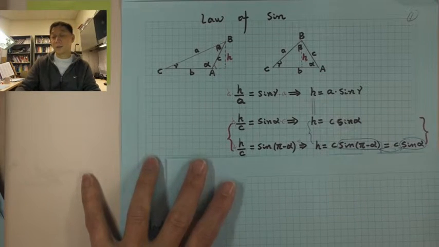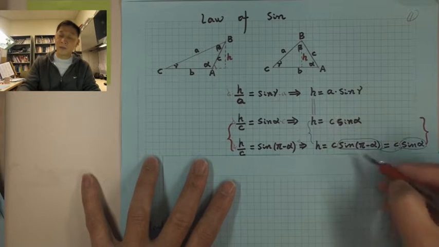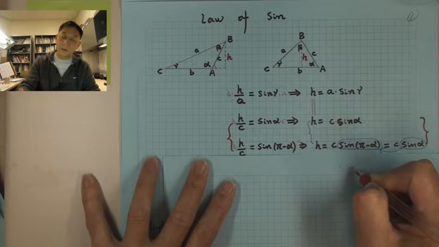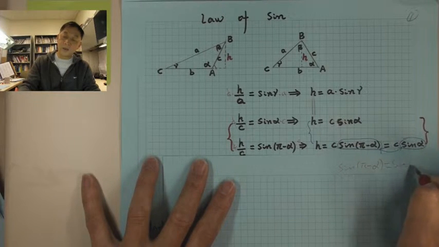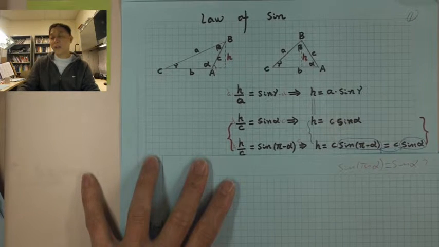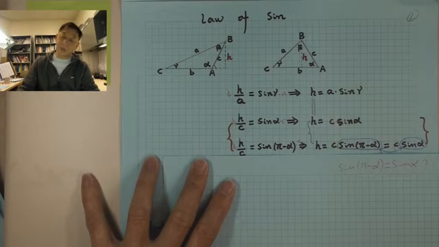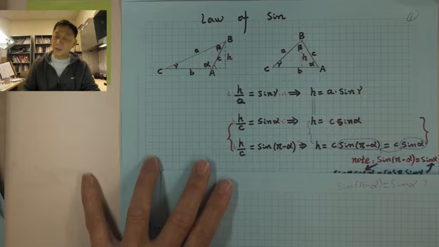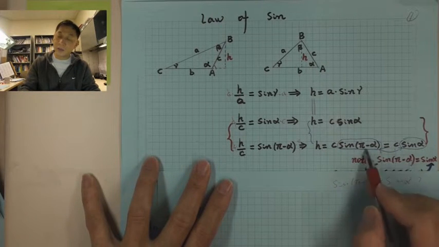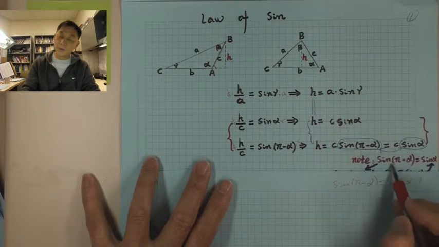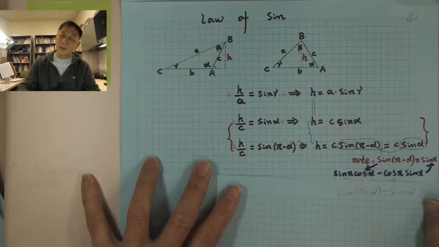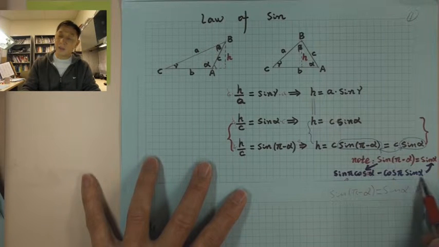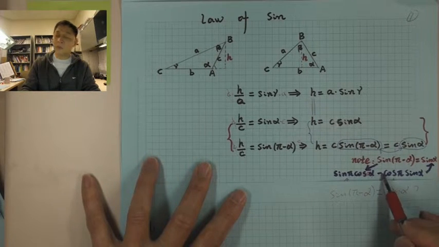Why is sine pi minus alpha equal to sine alpha? We can explain this in many different ways. Here is the way down below, where I put the remark. Sine of one angle minus another: sine, cosine, cosine, sine, here minus, here minus.